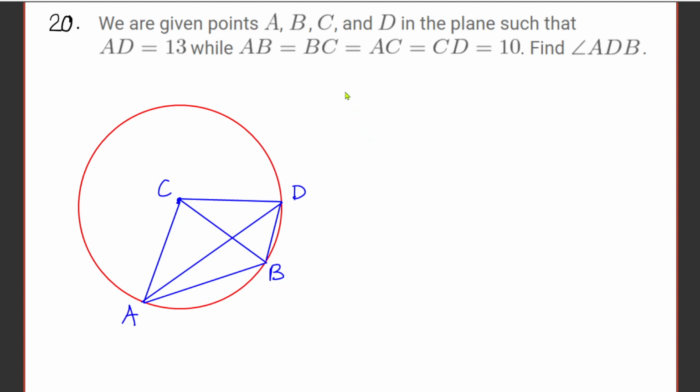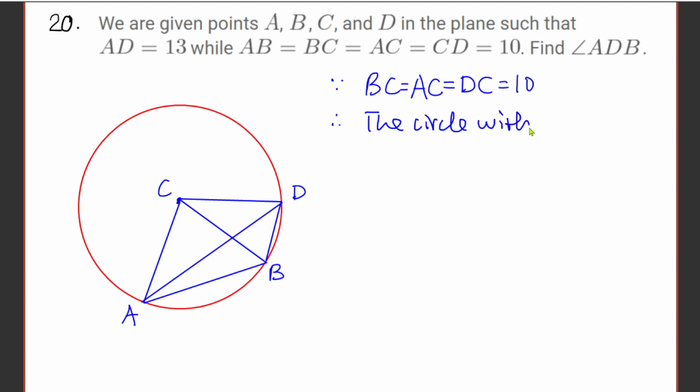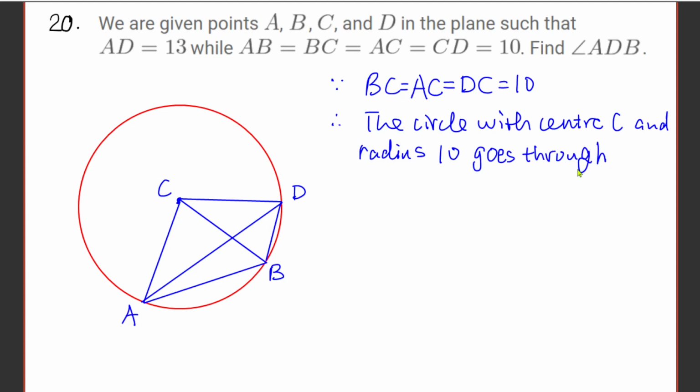Because BC equals AC equals DC equals 10, we know the circle with center C and radius 10 goes through A, B, and D, as the diagram shows on the left.